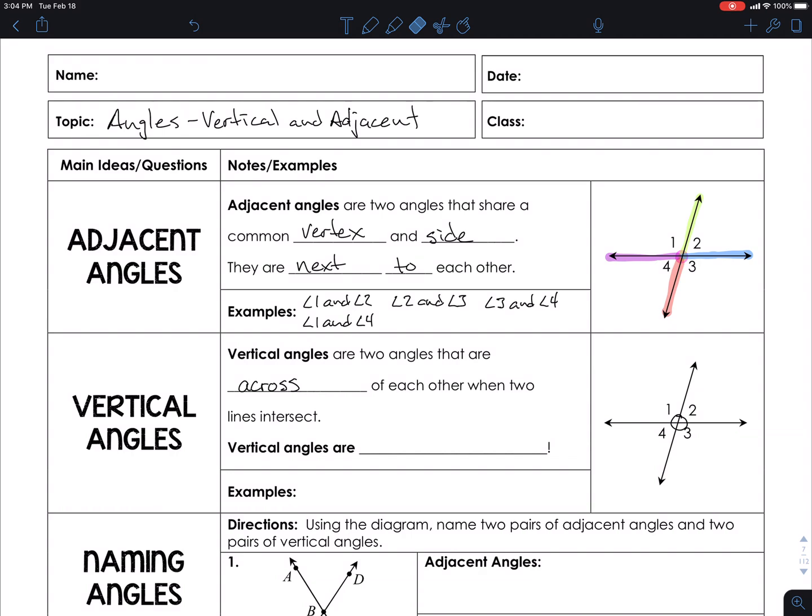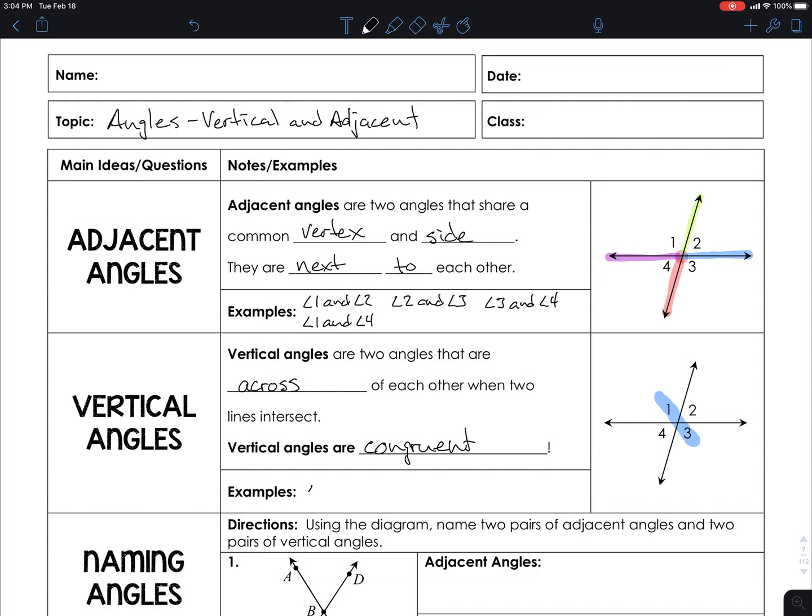So let's take a look and see, what are vertical angles? Well, what's across from each other? These two are across from each other, right? 1 and 3, those are across from each other. Vertical angles are congruent, which means they're equal. So whatever the measure of one angle is, the other angle is also the same.